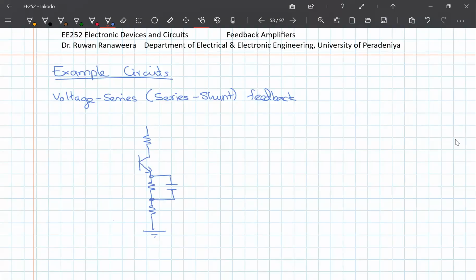And this is the biasing circuit, this is powered, and this is the voltage into a capacitor. Now, this is connected to a second stage using RC coupling.